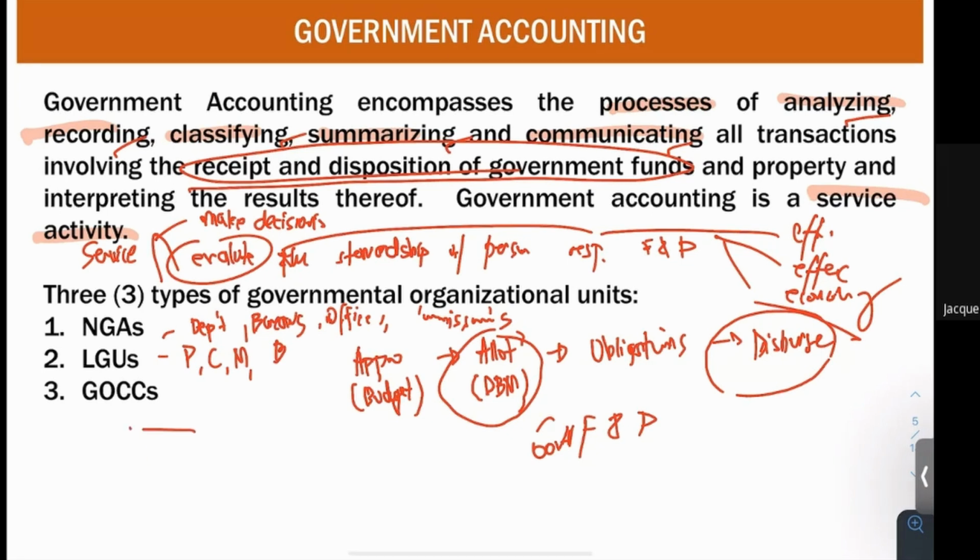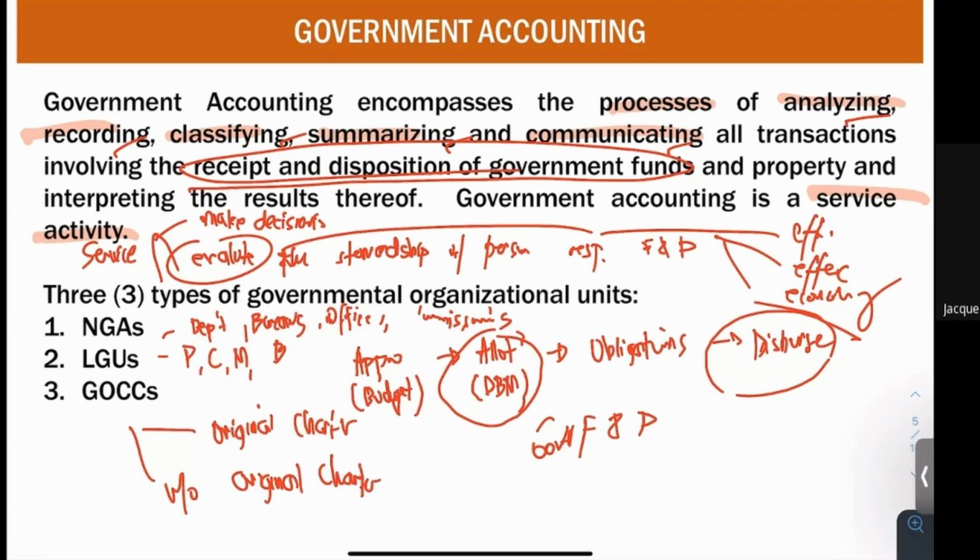When we look into GOCCs, they can be with original charter or without original charter. What is the difference? When we say that the GOCC is with an original charter, it means that it is created by a specific law. A law creates that government-owned and controlled corporation.